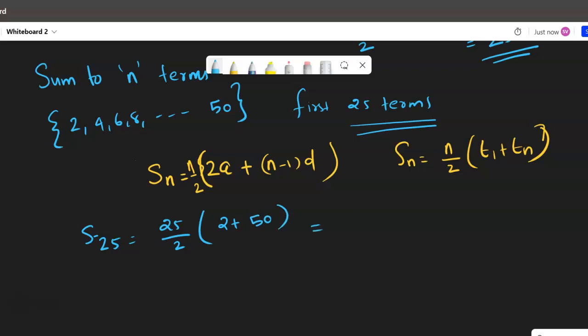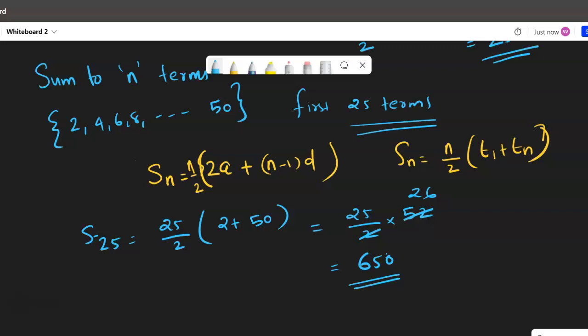So 25 divided by 2 times (2 plus 50), which is 52. You can cancel this, that is 26. So 25 times 26 is what? 25 times 25 is 625, another 25 is 650. So the sum of the first 25 terms of this sequence is 650.